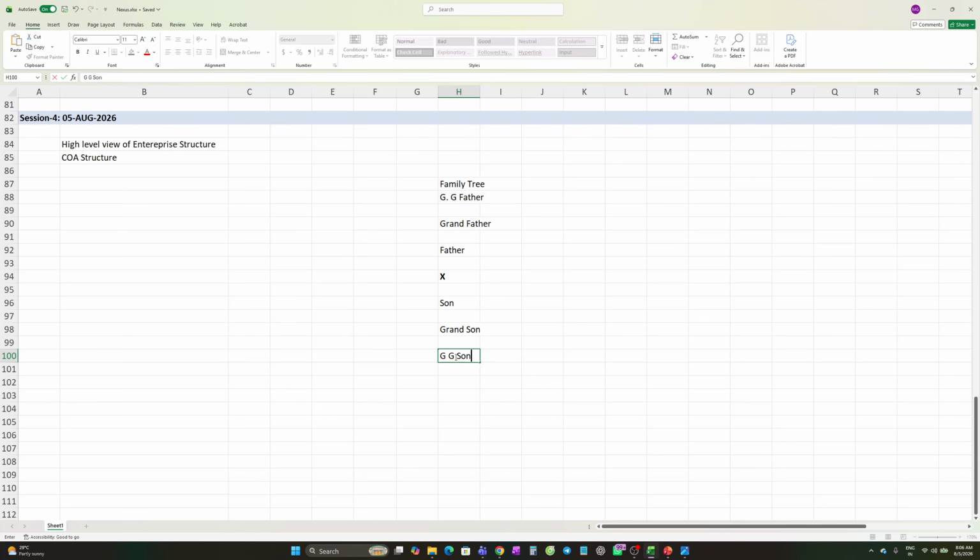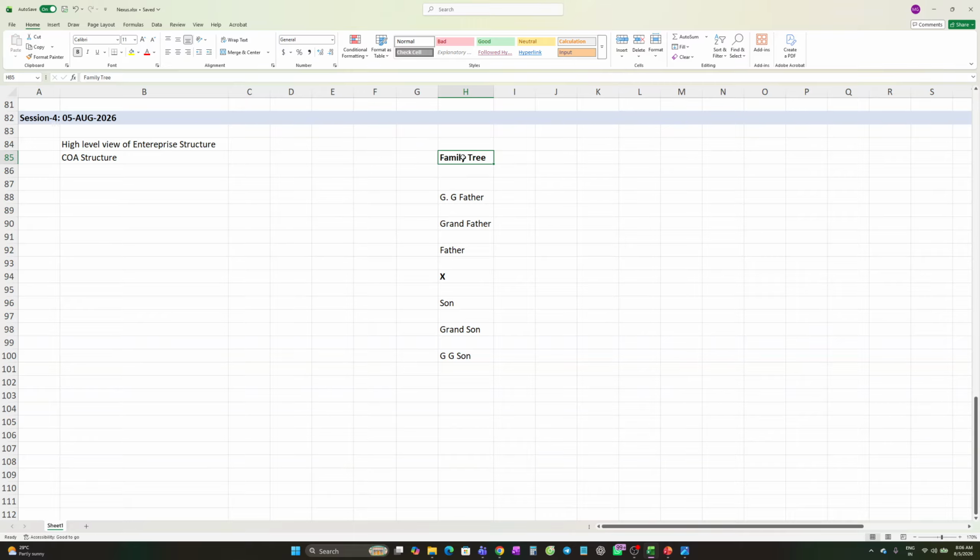Okay, this we can call a family tree. Understand my point? The same family tree is interconnected with blood relations.